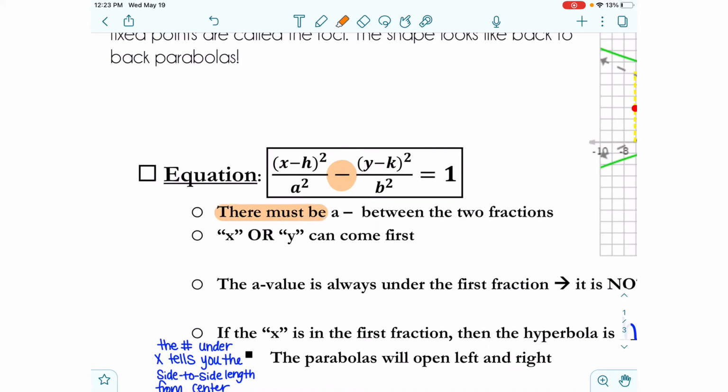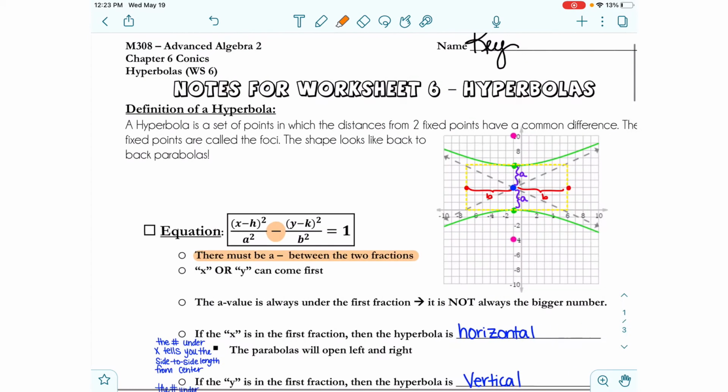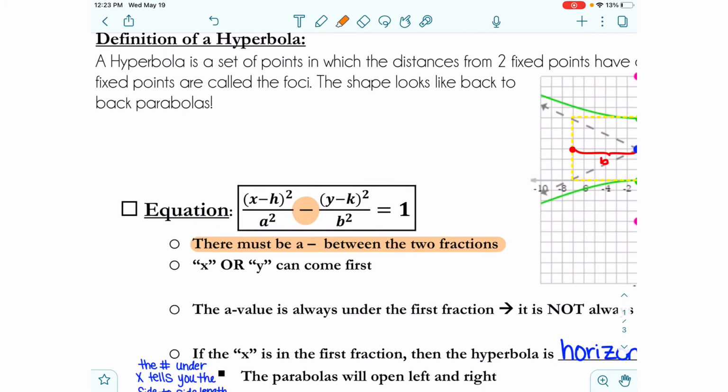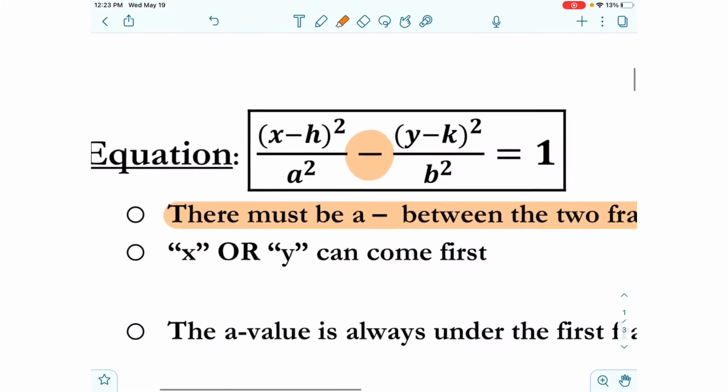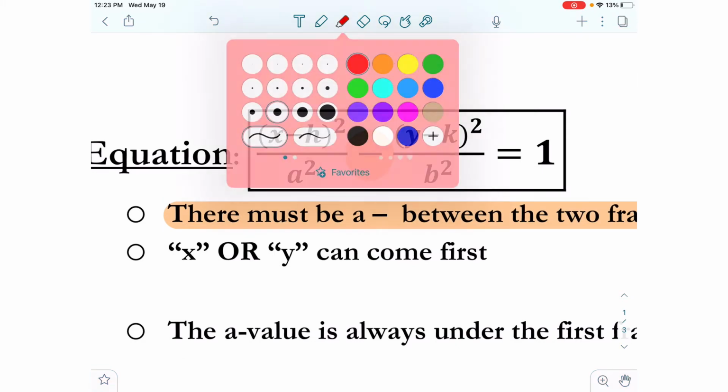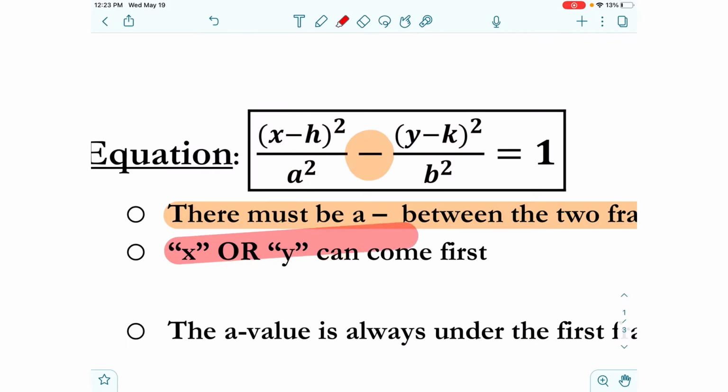In order to be a hyperbola equation, we're talking about a common difference. In other words, there must be a minus sign between the two fractions. Unlike ellipses, the x or the y can come first. Sometimes the x comes first, which tells me the direction of the parabolas in the hyperbola, or the y comes first.